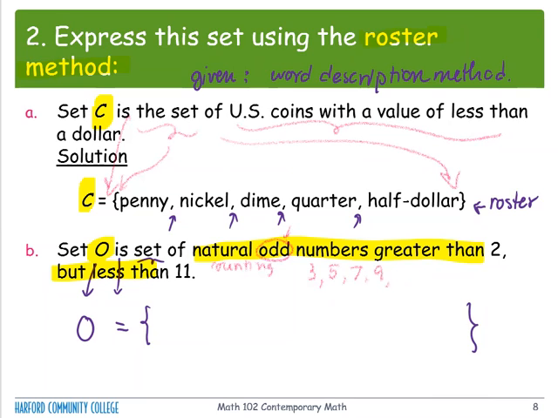We should go further, but there is another restriction on the members: less than 11. Anything at 11 or above, we do not take. So the members of this roster form are just 3, 5, 7, 9.